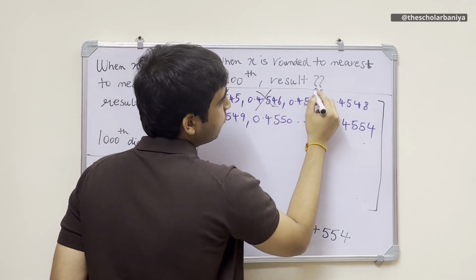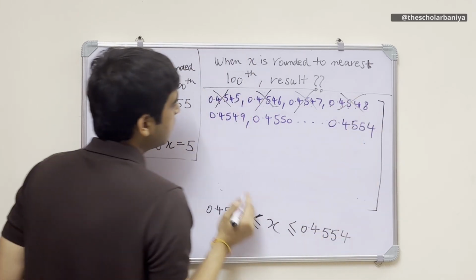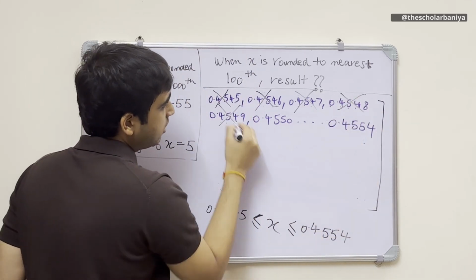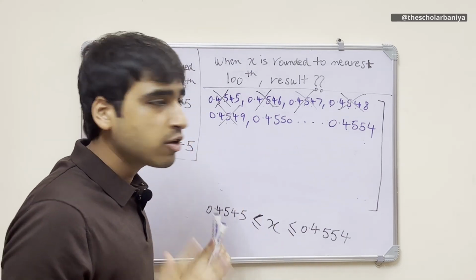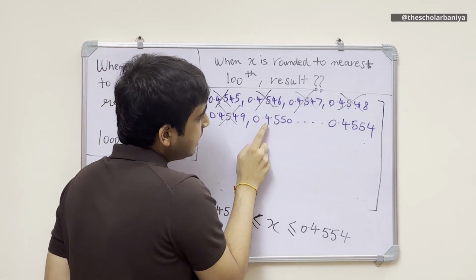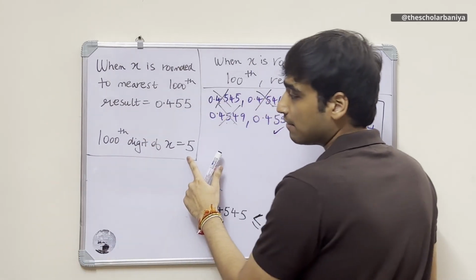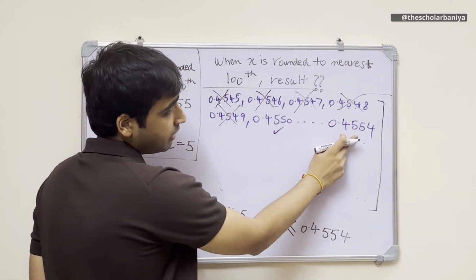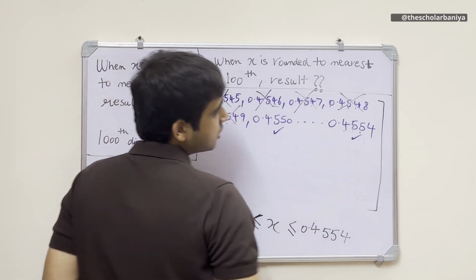Again 4, not possible. Again 4, not possible. Basically, the possible values of x, if you see, the thousandths digit is 5, correct? Because 5 is given to us. Even in the last case, the thousandths digit is 5, so this is correct.